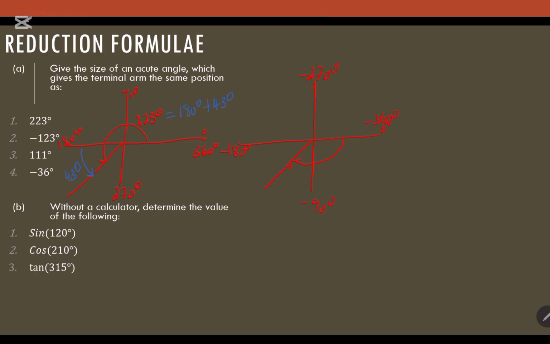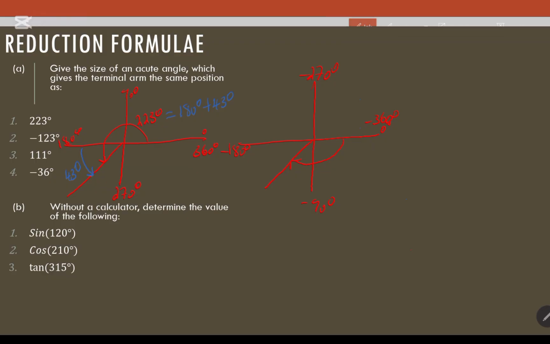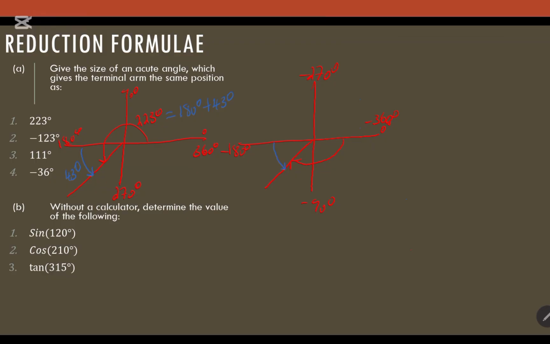So the angle that will give the same position is this one, moving from this horizontal line towards negative 180, going in clockwise direction. That is the size of an acute angle that will give us the same position as this angle. The angle that is given is negative 123 degrees. So this is the representation of that angle.